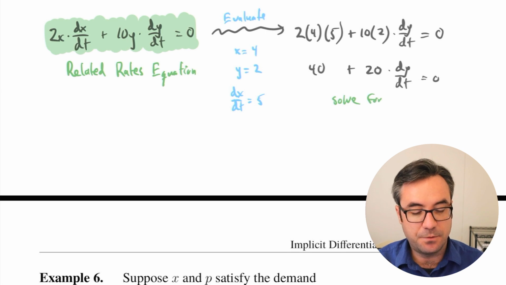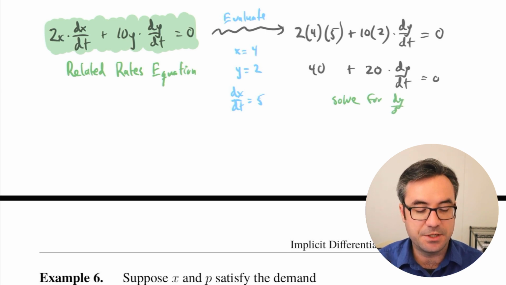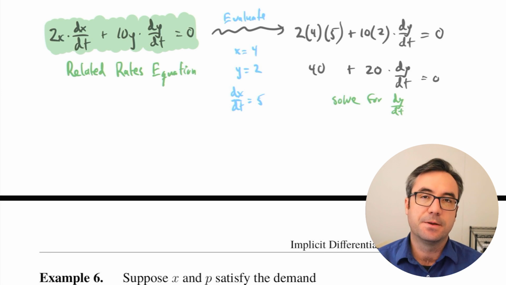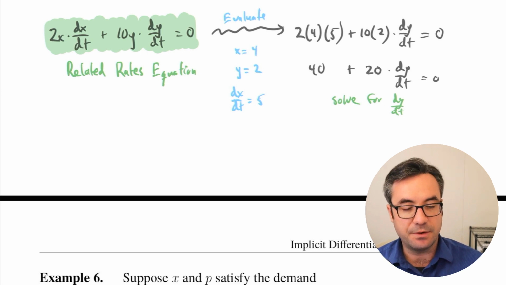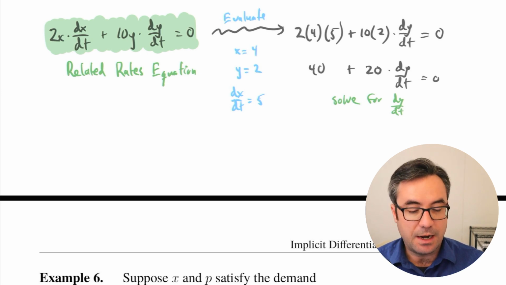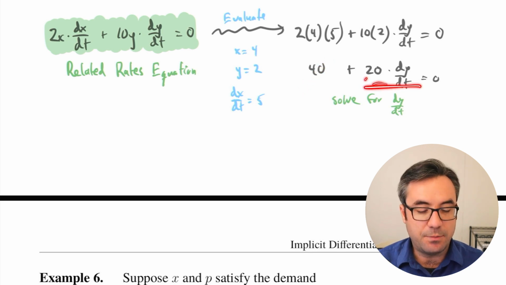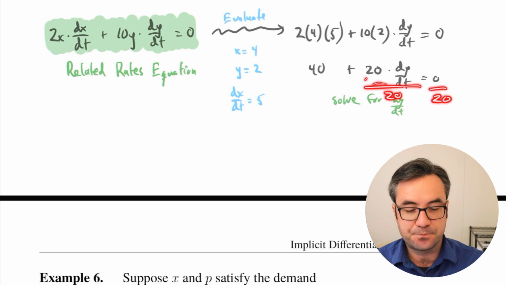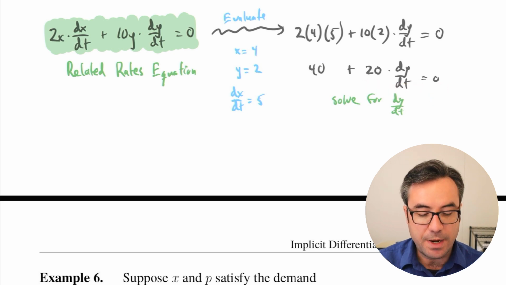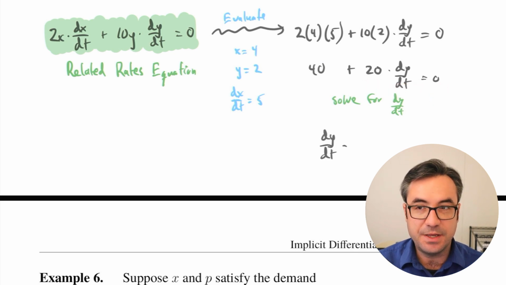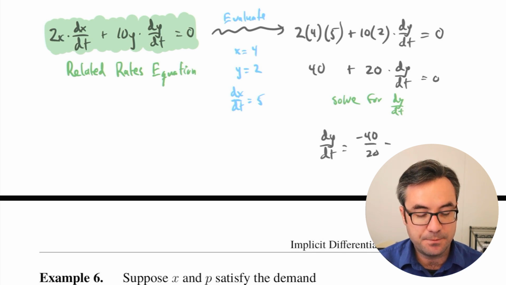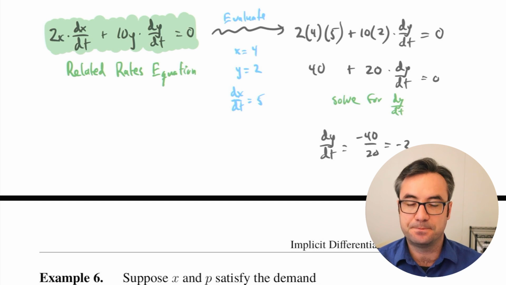We solve for whatever missing derivative we're interested in, in this case our y derivative. How we would do this is subtract 40 from both sides, which gets rid of it over here, and then divide both sides by 20. So when we do that, we end up with our y derivative is equal to negative 40 over 20, which is negative 2.